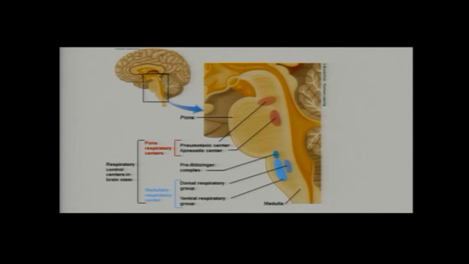Right? That's restful breathing. Okay? You contract them when you want to inhale, you relax them when you want to exhale. Okay? When you start to forcefully breathe, you start to recruit your ventral respiratory group, because the ventral respiratory group controls the accessory muscles for both inhalation and exhalation.